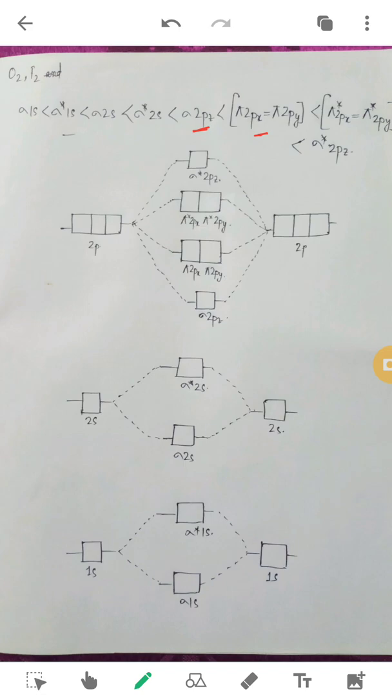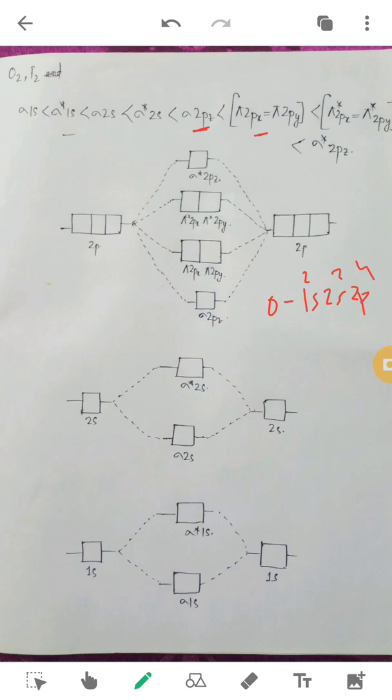Okay. Now let us check the oxygen molecule here. For oxygen, how do we write it? 1s2, 2s2, 2p4. This is our arrangement. Two oxygen atoms are there. The left hand part is one of the oxygen atoms, the right hand part is the other oxygen atom, and the middle ones are the molecular orbitals.